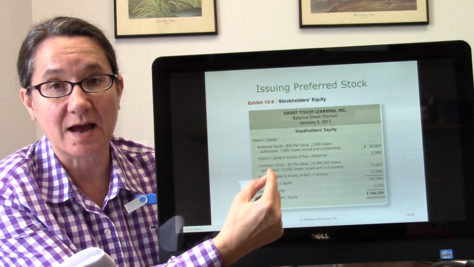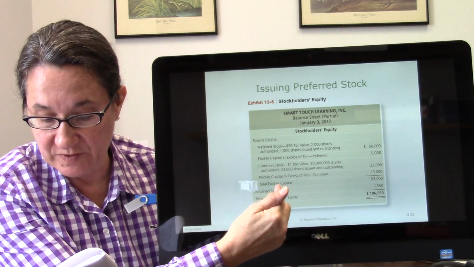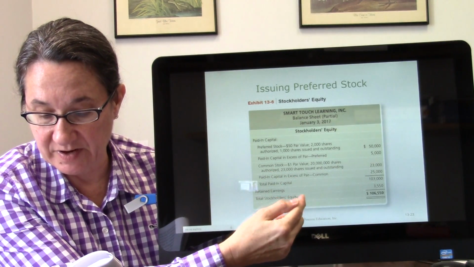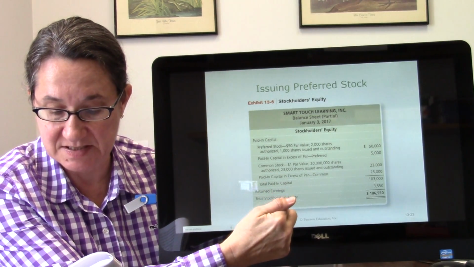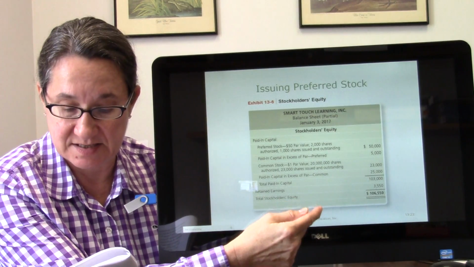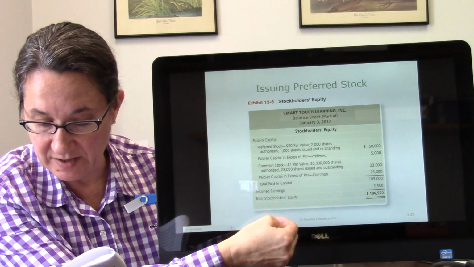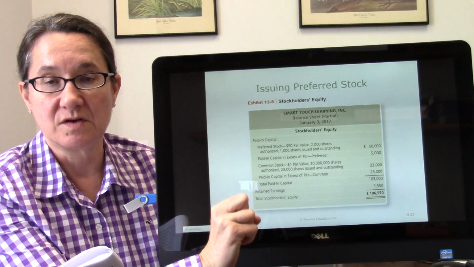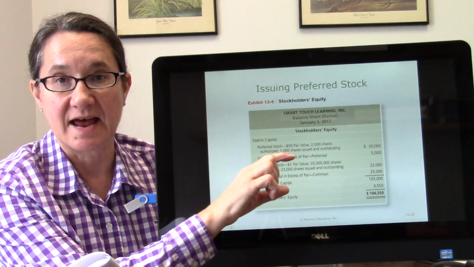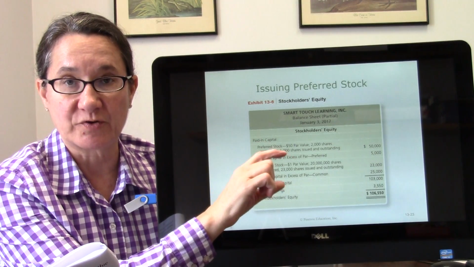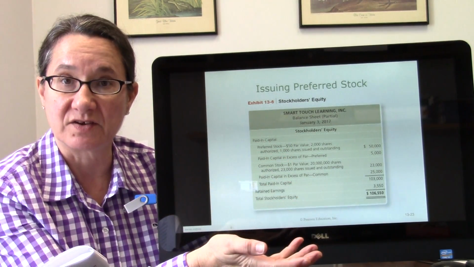In your paid in capital section, you'd have preferred stock, paid in capital in excess of par preferred, common stock, paid in capital in excess of par common stock, then your total paid in capital, and then our retained earnings. So now we've really subdivided that stockholders' equity section into the different kinds of stockholders' equity.